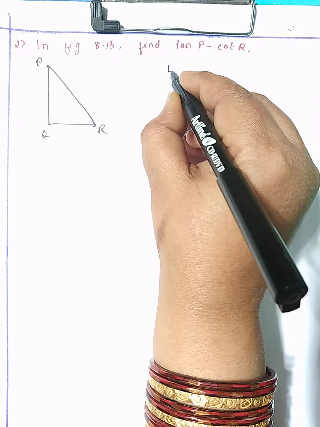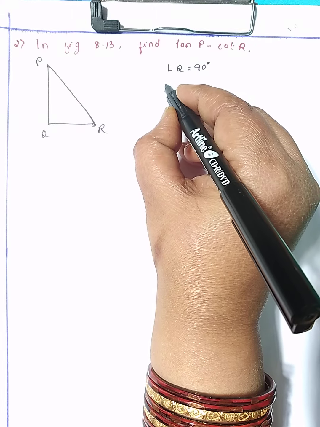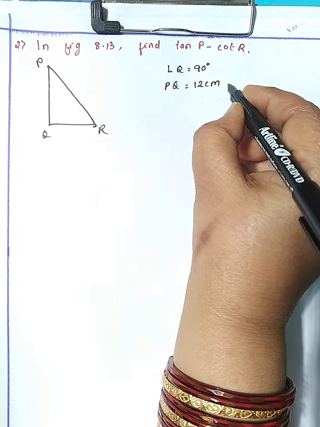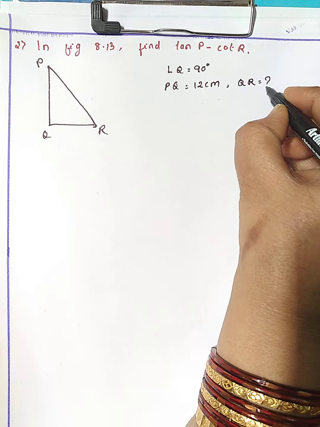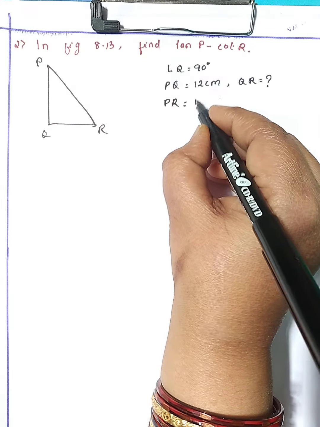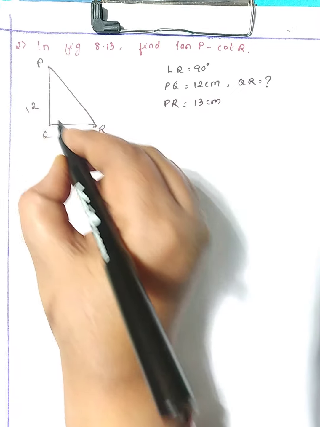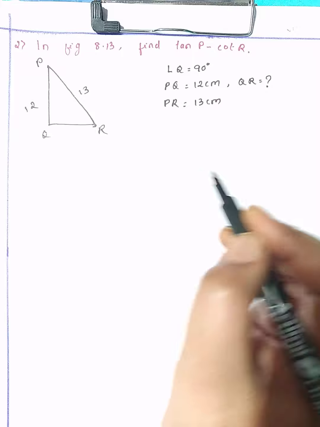Given is angle Q equal to 90 degree and PQ equal to 12 centimeter, PR equal to 13 centimeter, and we have to find out QR. So this is 12 centimeter, this is 13 centimeter.